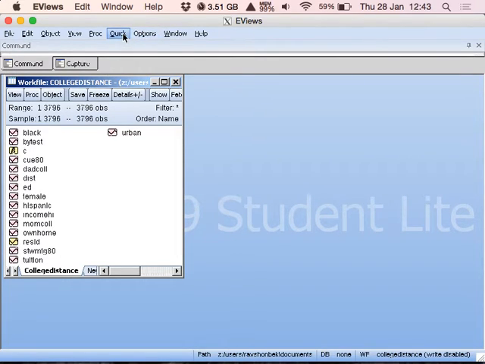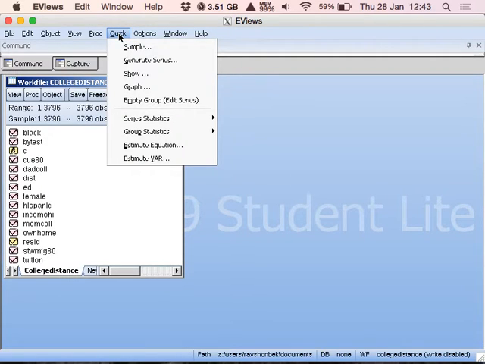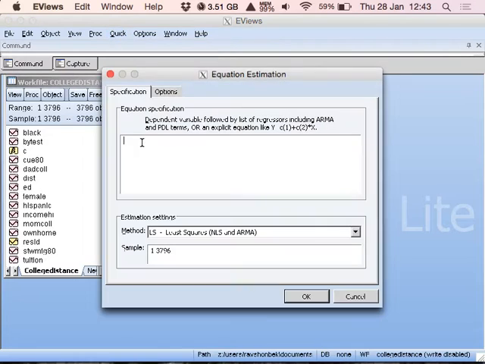For the first question, click Quick, Estimate Equation, and a simple regression model with ED as the dependent variable, type ED. Independent variable is dist, and C is the constant, the intercept.